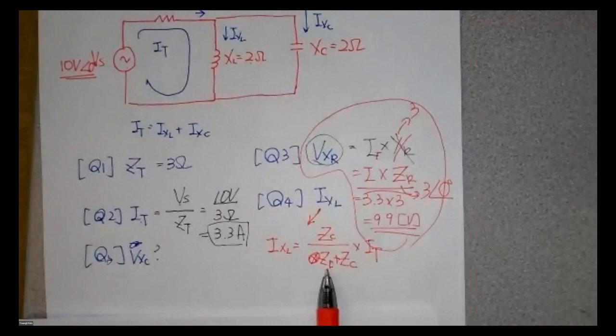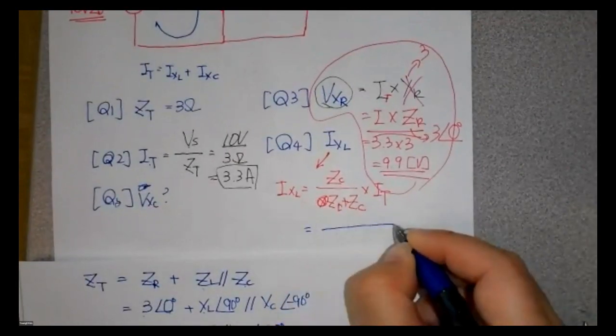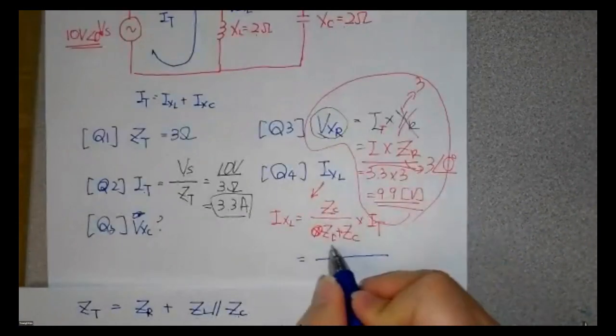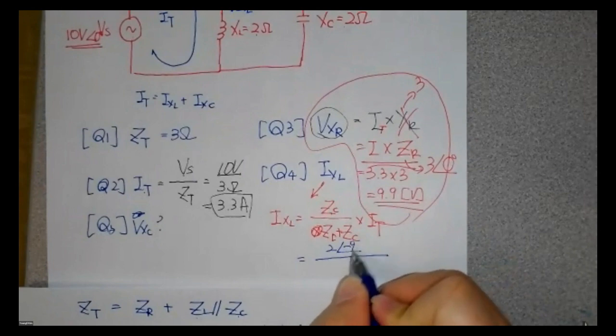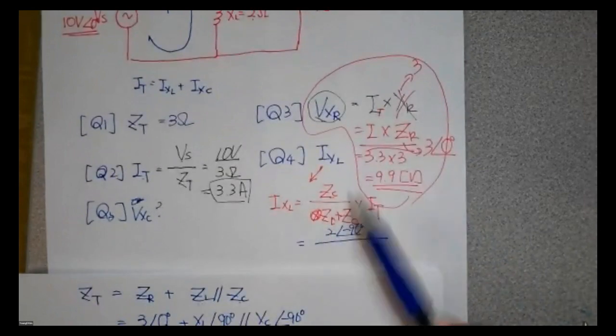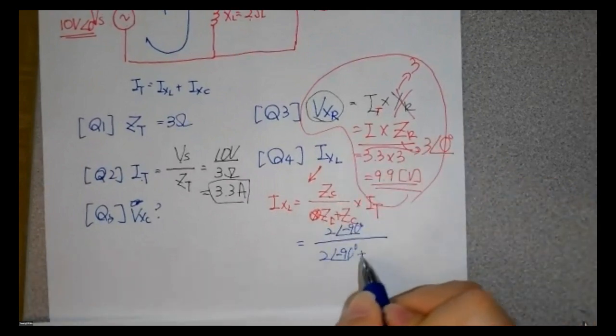X is reactance. So for this case here, the Z sub C is like this one, 2 minus 90. And same thing right there, 2 minus 90.